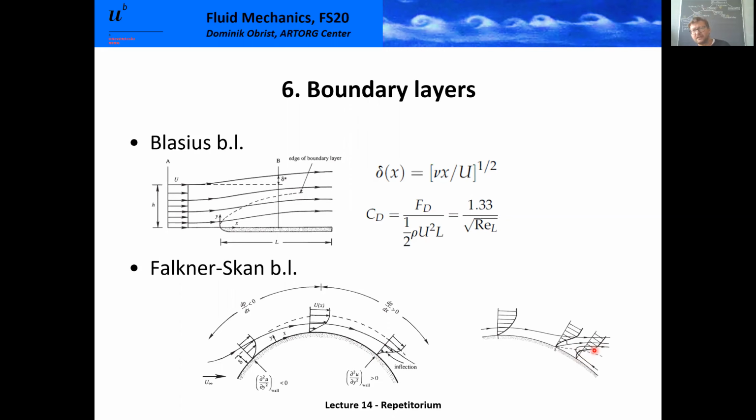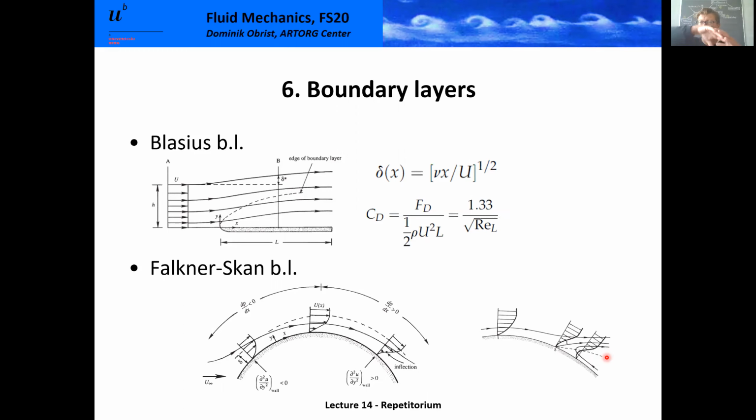And in this reverse flow region, we talk of flow separation, because the main flow going from left to right is separating from the wall and goes above this region down here, which is usually called a recirculation zone.